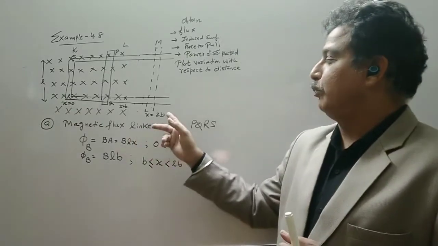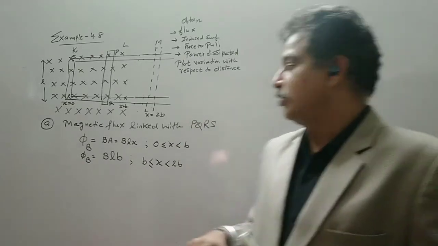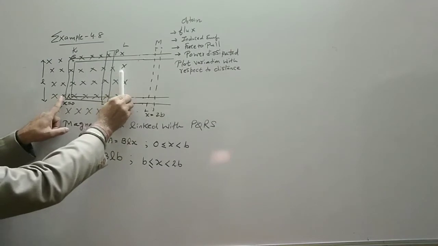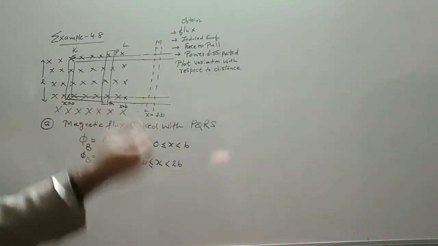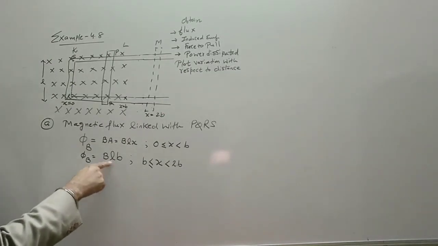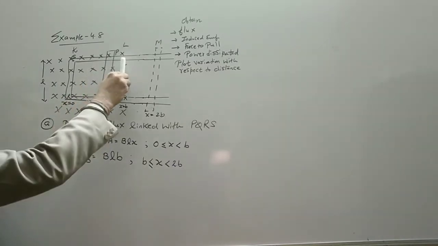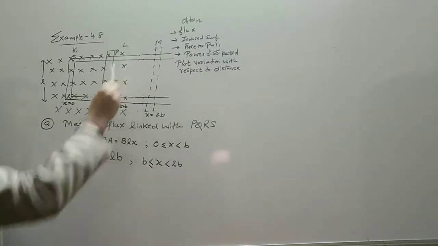So when I reach point 2b, what will be the total flux? The total flux will be BLb for this much portion plus 0. So directly we have written BLb plus 0. So this is the total flux. That is, if the rod is exactly at this point L, what will be the flux?